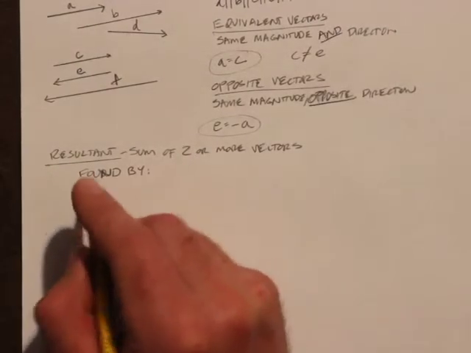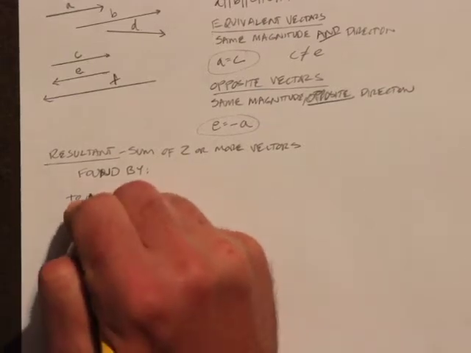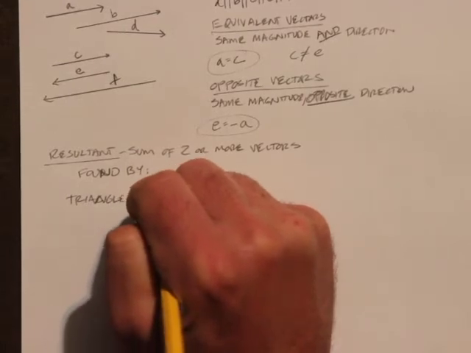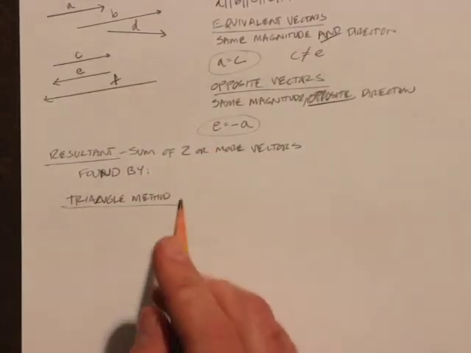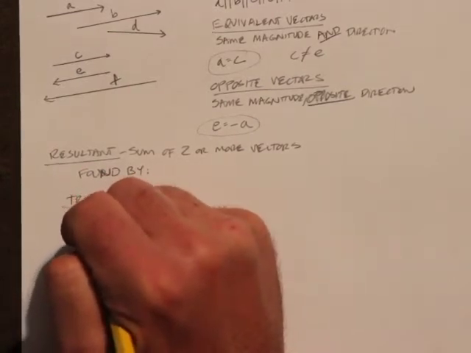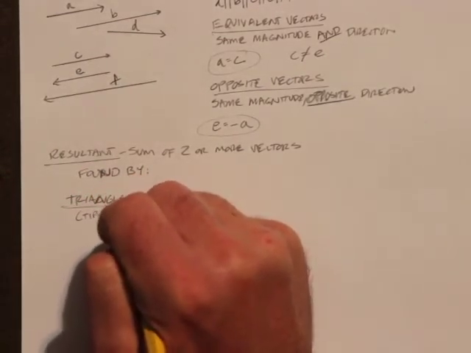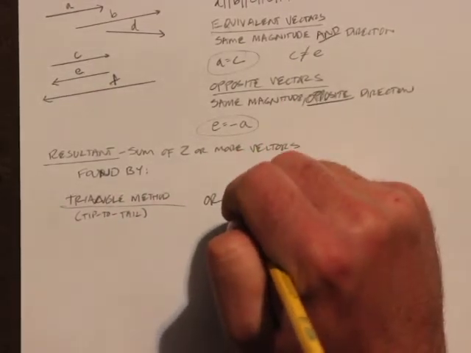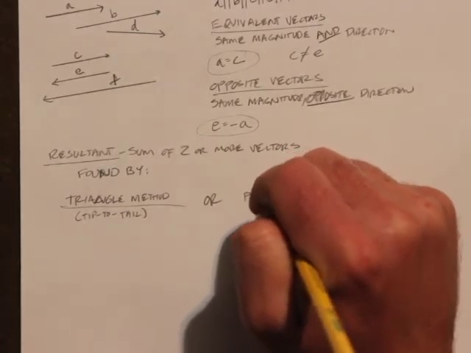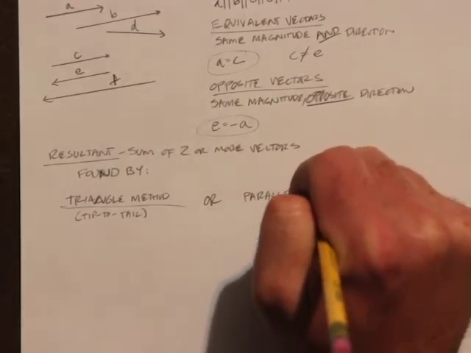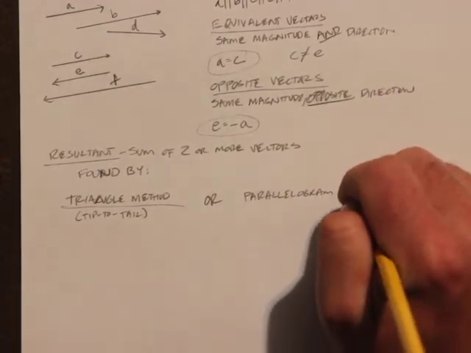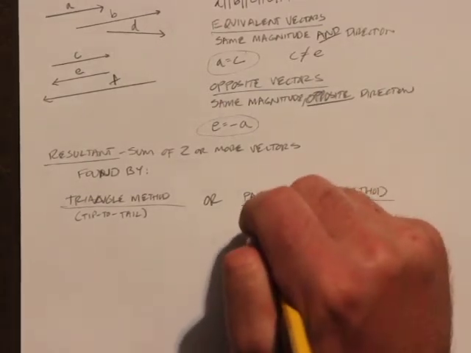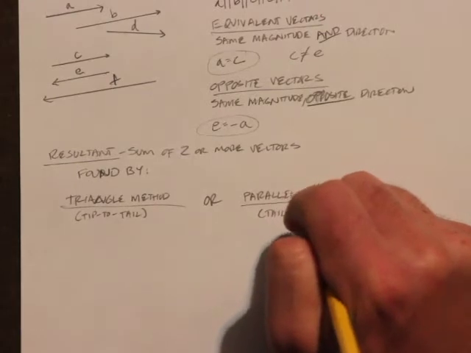The triangle method, which is tip to tail. And then we also have the parallelogram method, and this is tail to tail. And this will make sense in a second, hopefully.